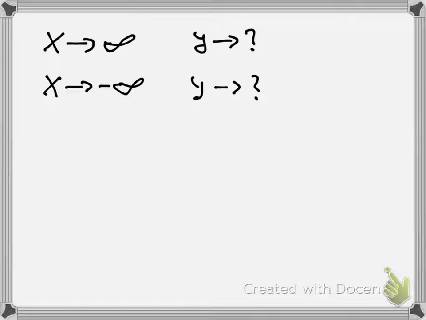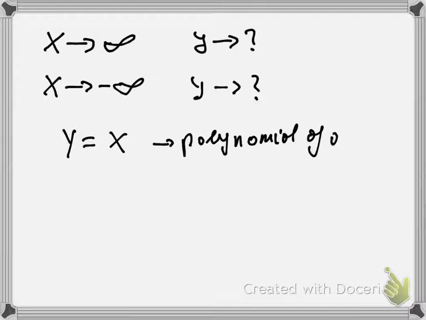So the easiest polynomial is a line. So let's say y equals x. This is a polynomial of degree 1.